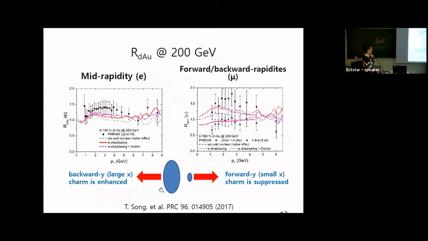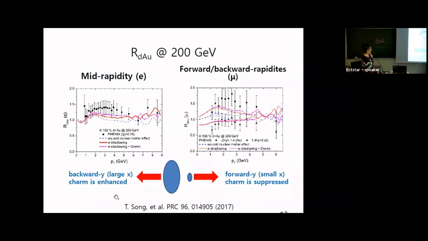The reason is the following. This is gold nucleus, and this is deuteron. Deuteron moves in the positive direction, and gold in the negative direction. So if charm pair is produced in forward rapidity, it corresponds to small x of gold nucleus, so charm production is suppressed due to the shadowing effect.